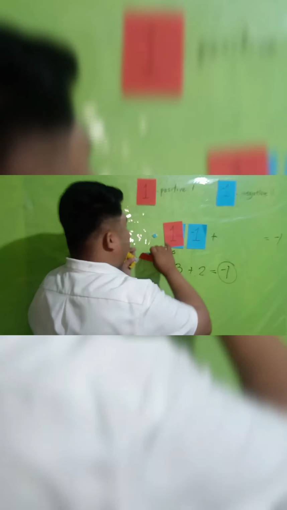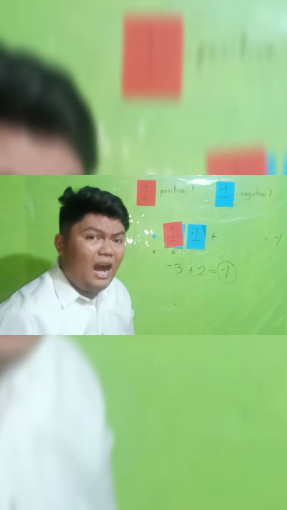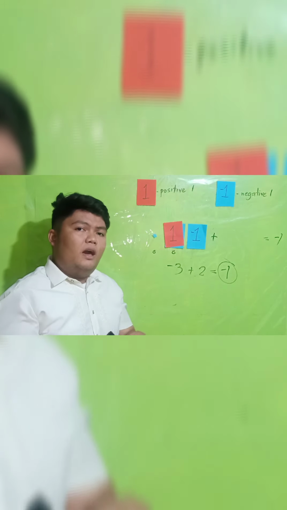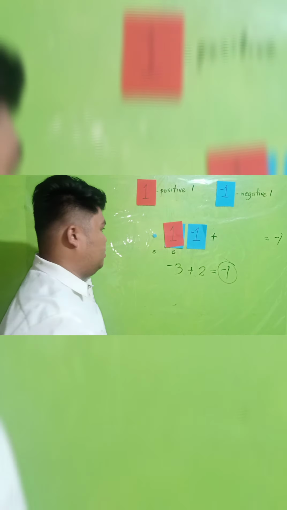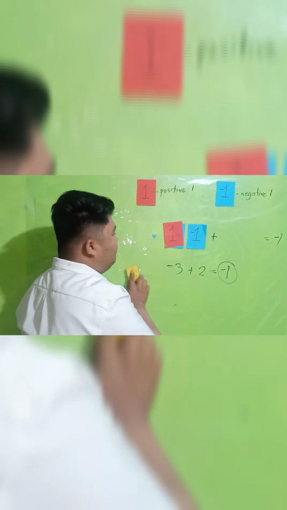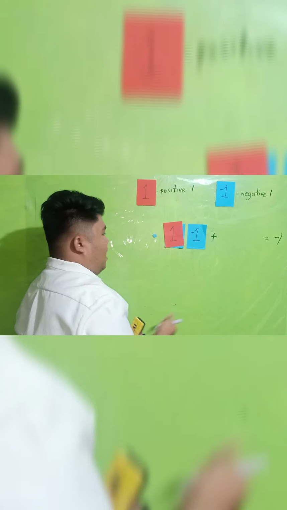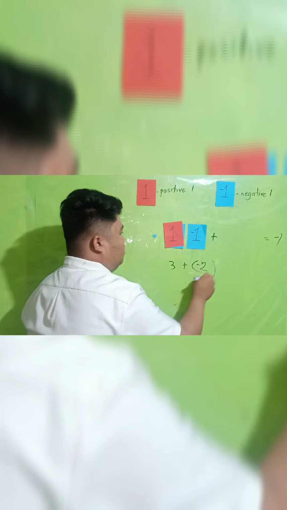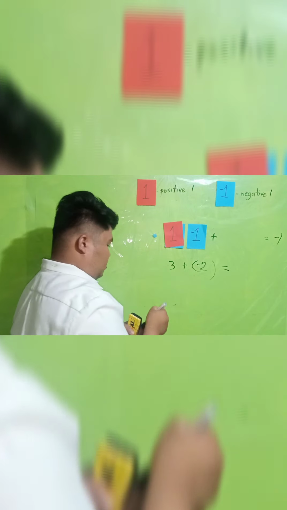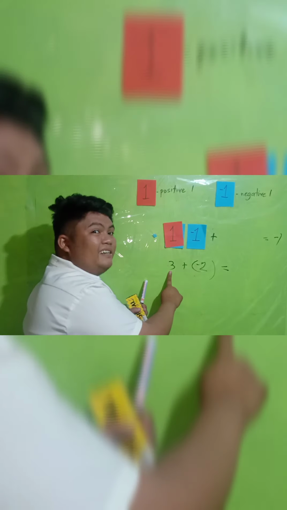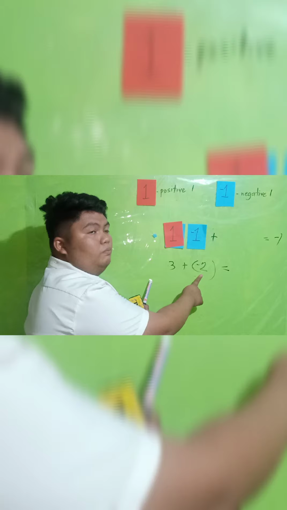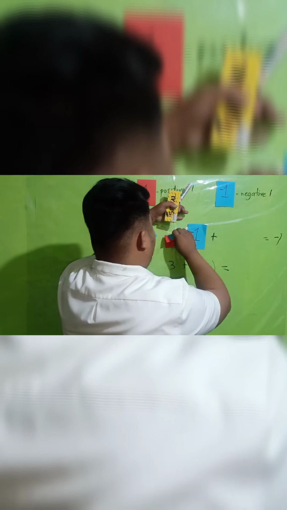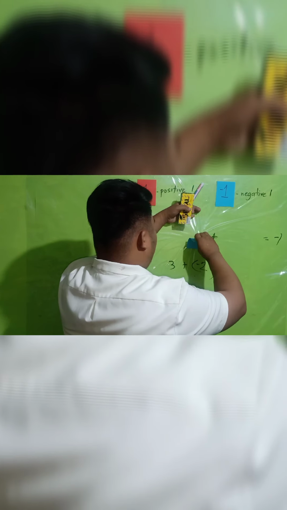So now, let's try to add positive and negative integers. If we have positive 3 plus negative 2. Okay? So therefore, we have 3 red tiles and 2 blue tiles. Okay? Let's have 3 red tiles.